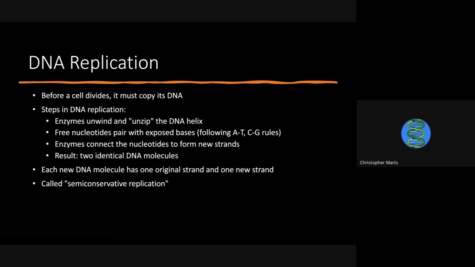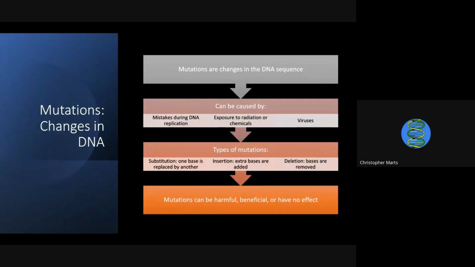Each of those DNA molecules will contain one of the original strands, because remember that strand split in half, and then they'll each also contain one new strand from those nucleotides that were matched up with it, assuming everything goes right.